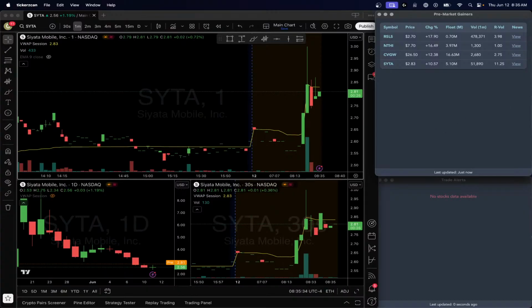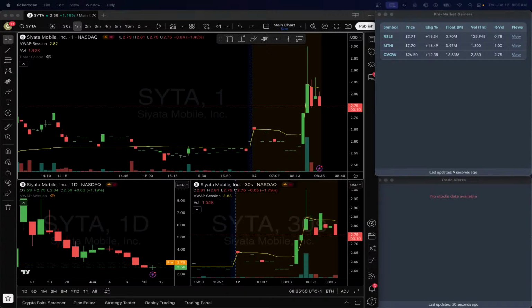And you gotta be careful with these spreads because the market makers will definitely screw you over when you're doing market orders. That's how they make their money.